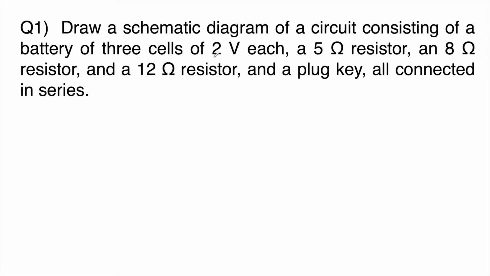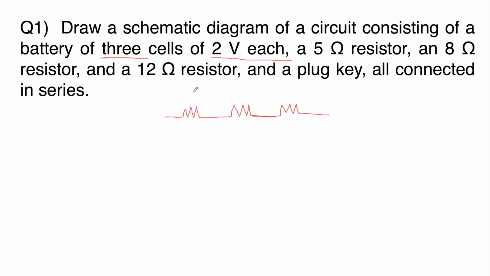3 cells of 2 volt each means it should be 6 volt. Okay, and the resistances are connected in series. So first I am drawing the resistances. It is in series. We can draw like this.